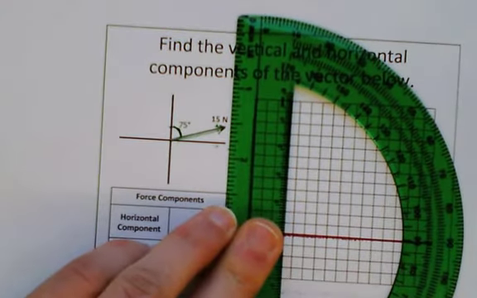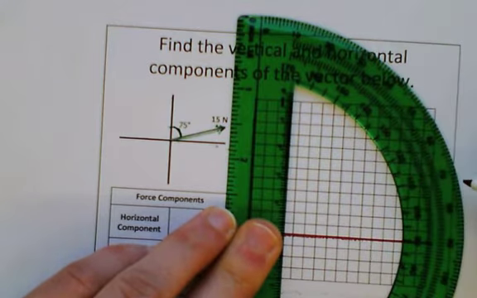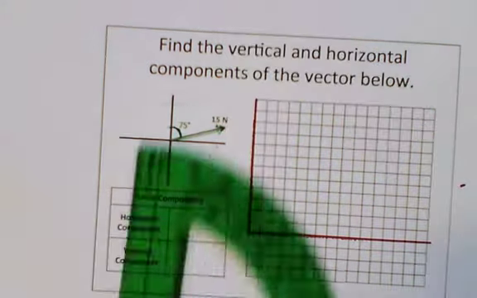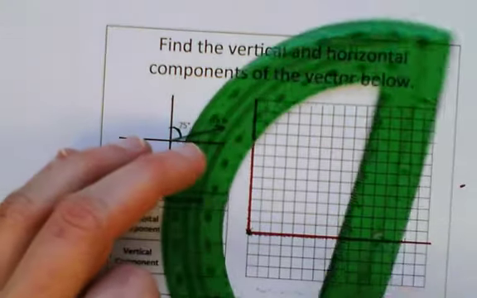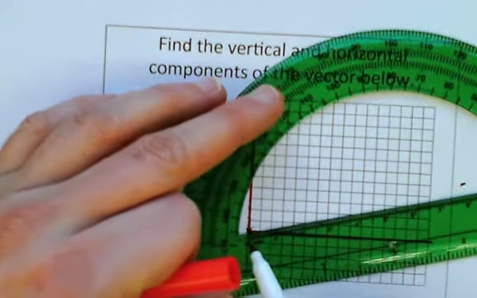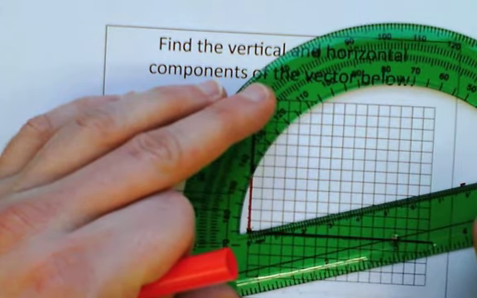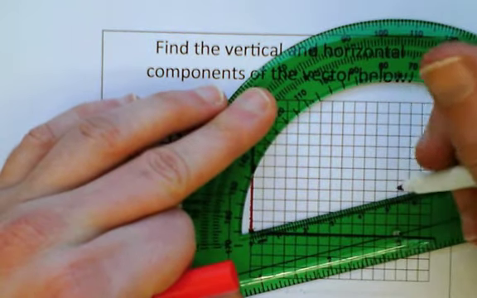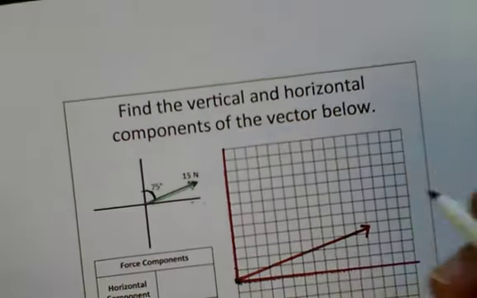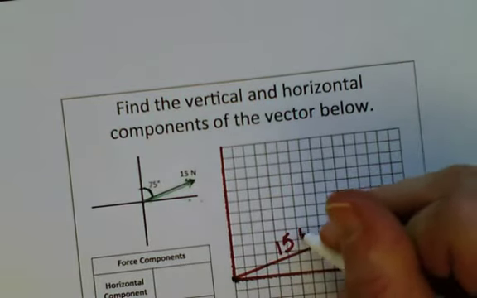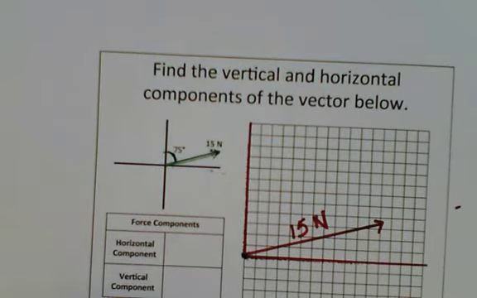Now I look for 75 degrees in my degree markings, which is down here, and I can turn it and draw my vector. Again, I'm going to make it 5 centimeters long. I line up the 0 with my origin, turn the protractor until it's lined up with the marking that I just made, and draw a vector that's 5 centimeters long. 15, which represents 15 newtons.